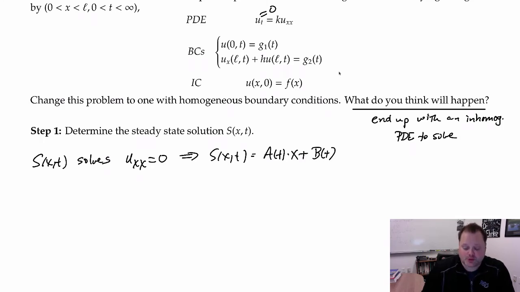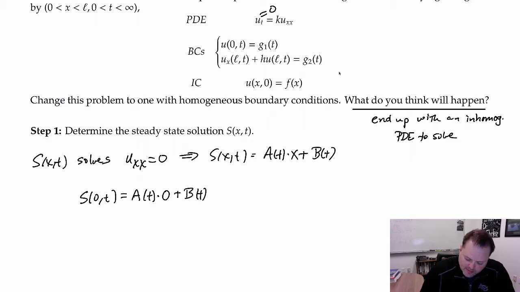I want to apply the boundary conditions. So I'll start with u of 0, t equal g1 of t. So I've got to satisfy S of 0, t, which would be a of t times 0 plus b of t. That must equal g1, which implies that b is g1.